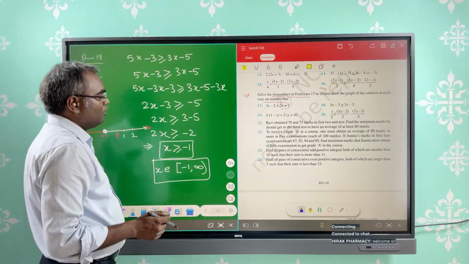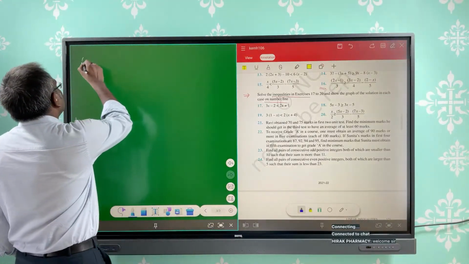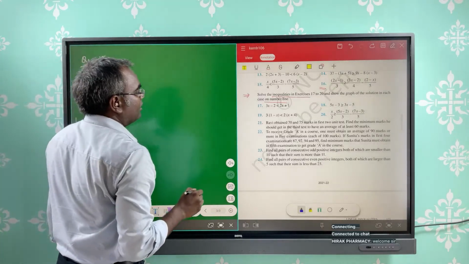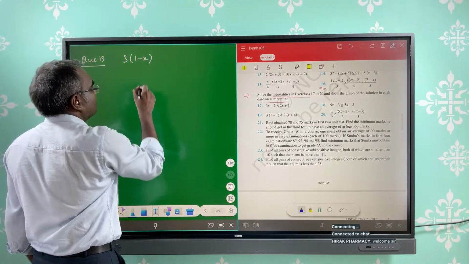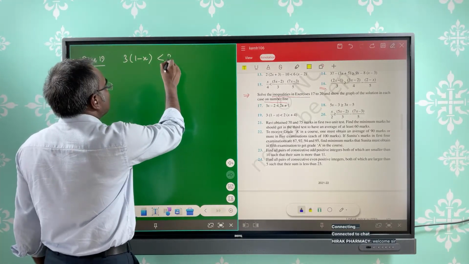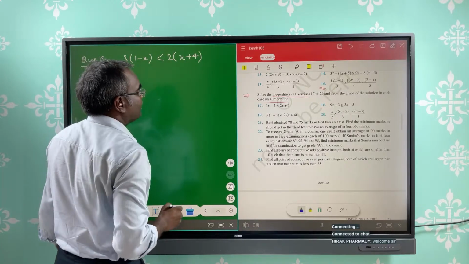Question number 18 is done. Now we can solve question number 19. Question number 19: 3 into 1 minus x less than 2 times x plus 4, right?